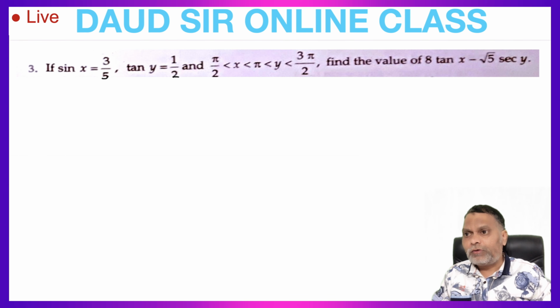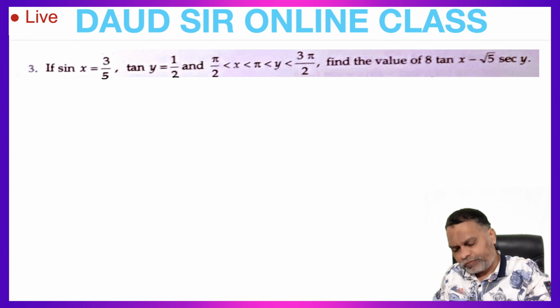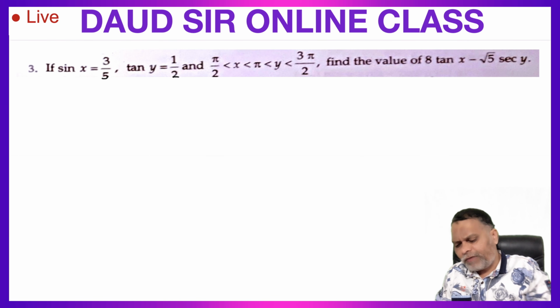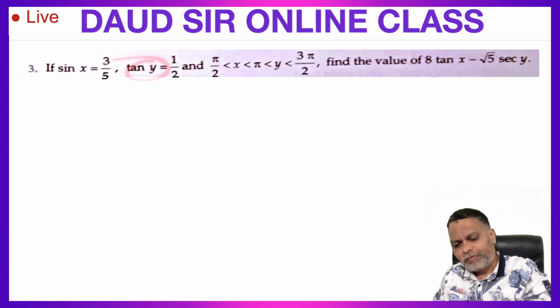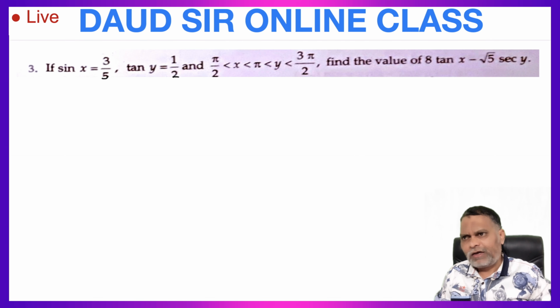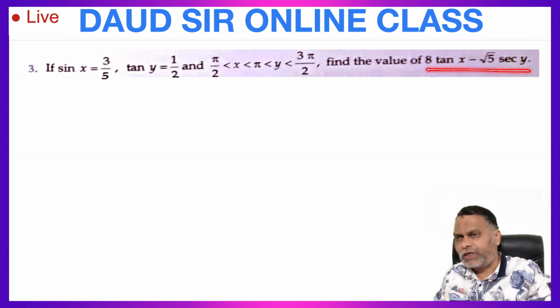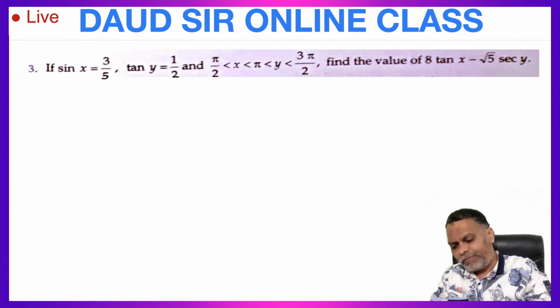So here two different angles are given, x and y, and conditions are also given for them. With the help of sin x, first we will calculate the value of tan x, and with the help of tan y we will calculate the value of sec y. After getting these two values, we can substitute here only. So one by one.